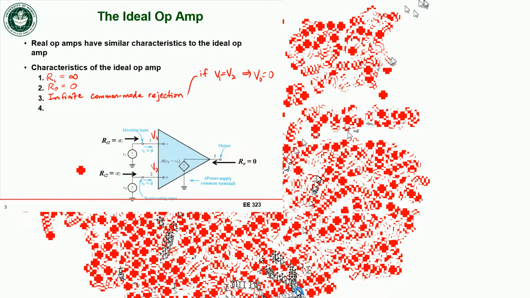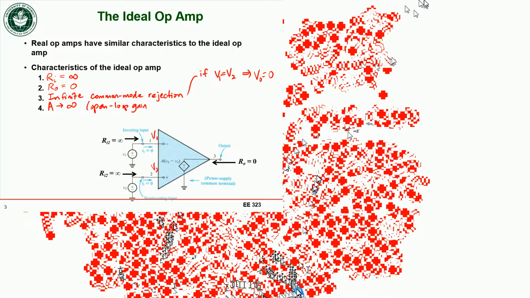The other characteristic is that the gain of this op-amp is infinite, and specifically this is open loop gain. If I put some signal at the input of my op-amp, ideally I get infinity volts at the output. That doesn't sound reasonable, but that's because we never use the op-amp in that configuration.